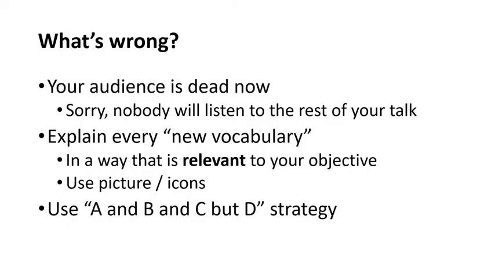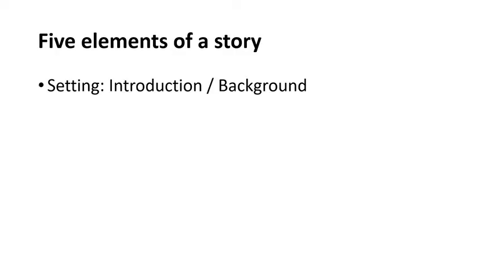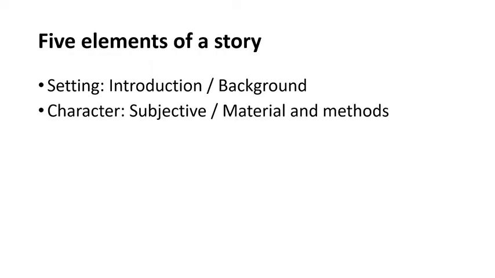This strategy is not only useful in presentations, but also very useful in your grant writing as well. When you talk about the 5 elements of story, essentially when you do a scientific presentation, you're telling a story to other people. The 5 elements of story start with a setting, so you talk about introduction and background. Then you have characters, which would be your experimental subjects or your materials and methods.